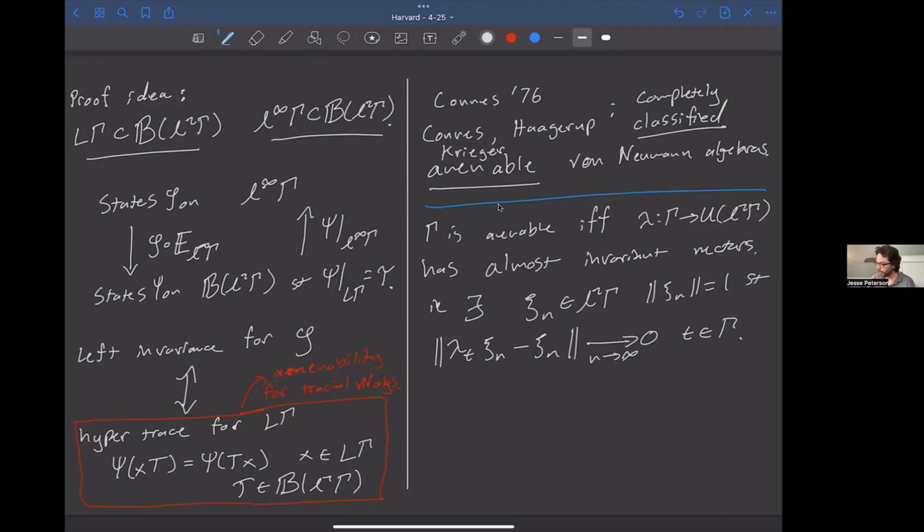And there's an extreme kind of opposite end of this due to Kazhdan.